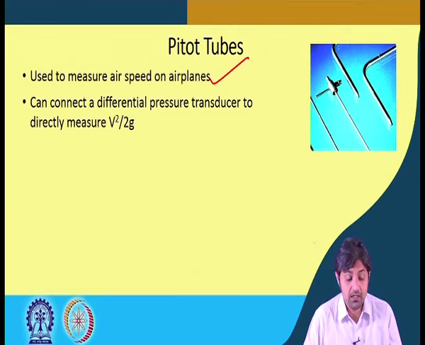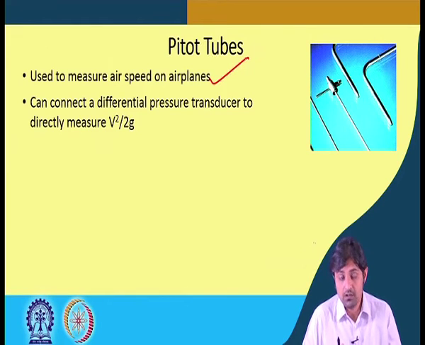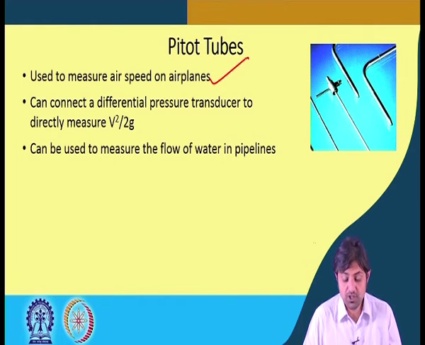It can connect to a differential pressure transducer to measure V square by 2G, because Bernoulli's equation has V square by 2G. So, what it does is measure V square by 2G and therefore tells the airspeed. It can be used to measure the flow of water in pipelines also.